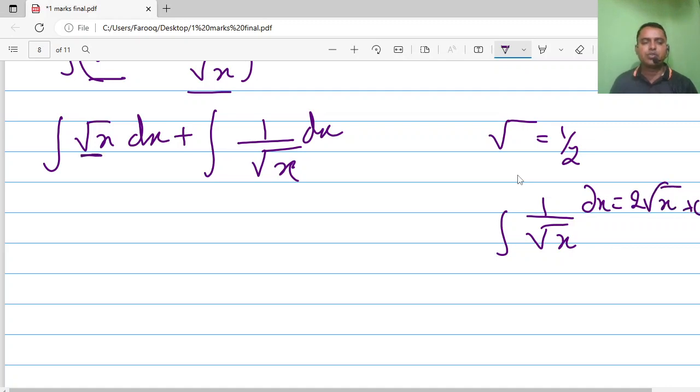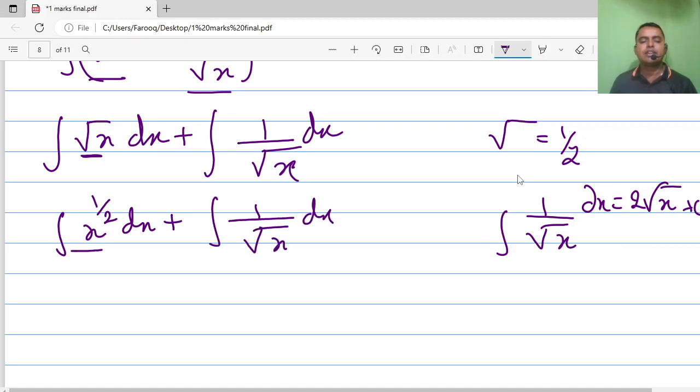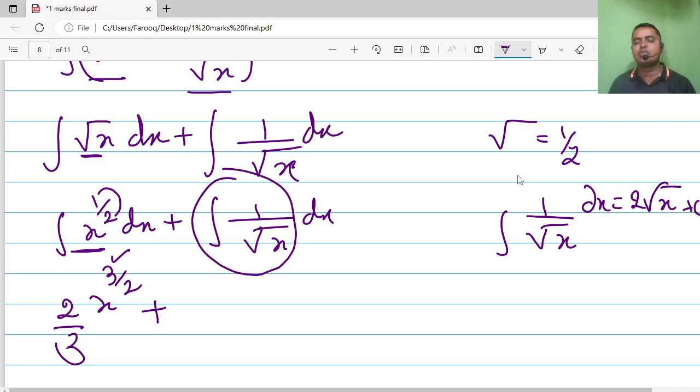So integration of root x, this root can be written in this manner, x raised to 1 by 2 dx, plus integration of 1 by root x as it is dx. x raised to 1 by 2 means 3 by 2, because 1 plus 1 by 2 is 3 by 2. We write 3 in the numerator, 2 in the denominator. Its reverse is 2 by 3, plus integration of 1 by root x is nothing but 2 root x plus c. So this is the solution of the problem.